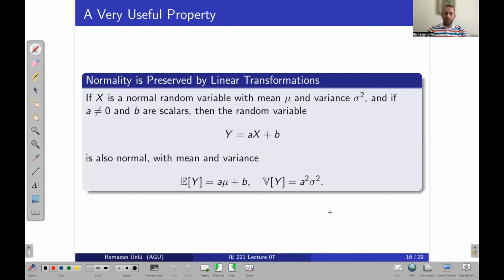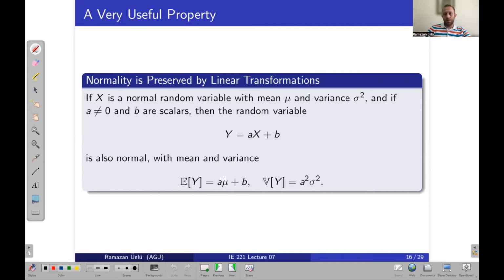What I mean is, if X is a normal random variable with mean mu and variance sigma squared, and if a is not equal to 0 and b are scalars, then the random variable Y such that Y = aX + b is also normal. The expected value of Y, which is the mean of Y, will be equal to a times mu plus b, and the variance will be a squared times sigma squared.